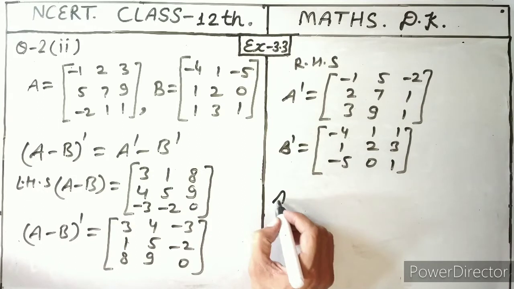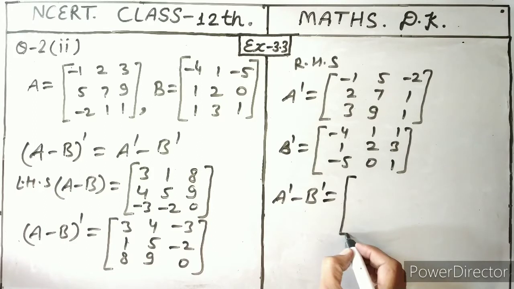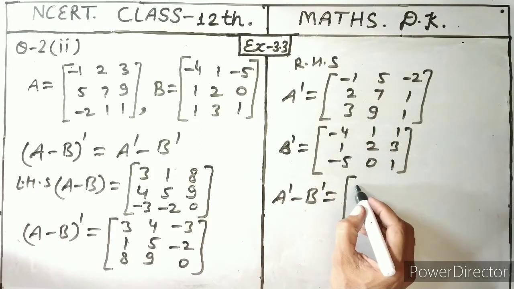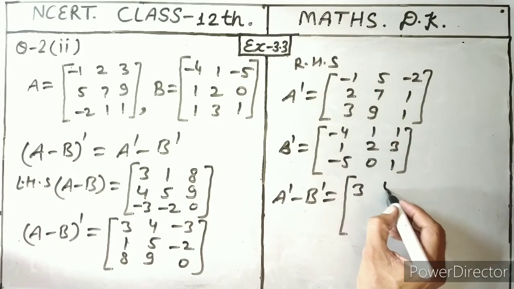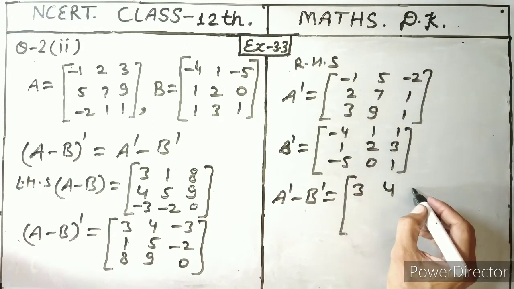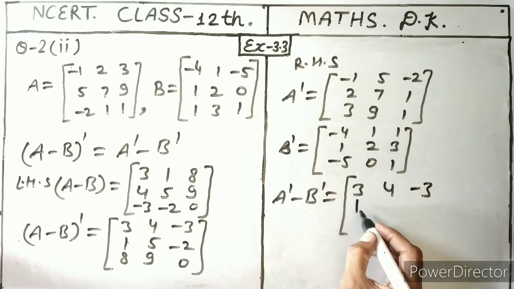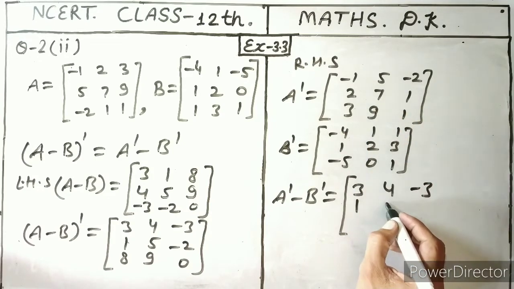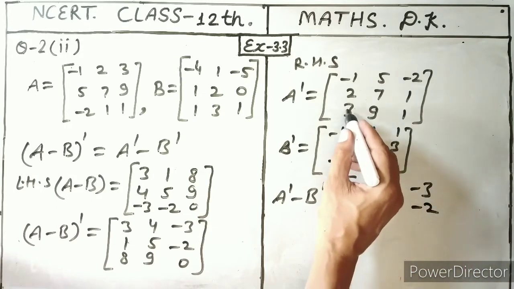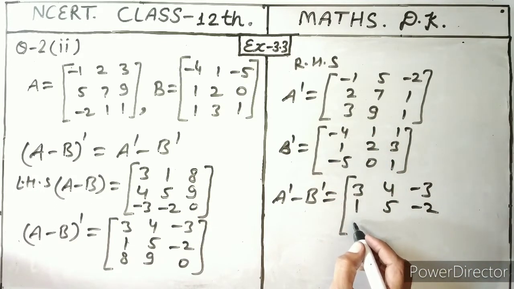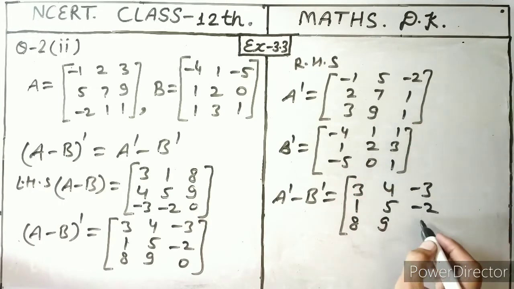Now we find out A transpose minus B transpose. We subtract both the matrices, and we have now 1 -4, 3, 5 -1, 4, -2 -1 -3, and 2 -1, 1, 7 -2, 5, 1 -3 -2, and 3 plus 5, 8, 9 -0, 9, 1 minus 1, 0.